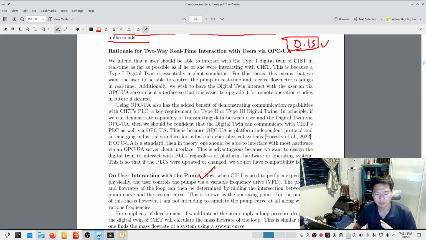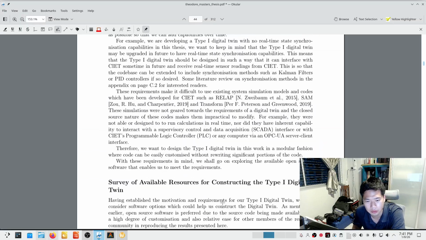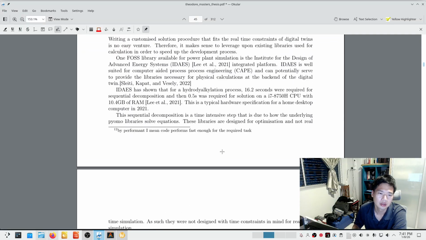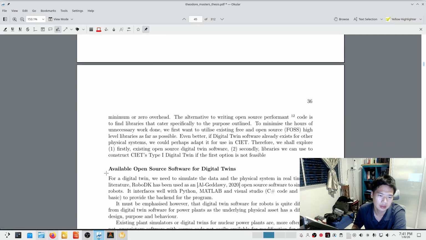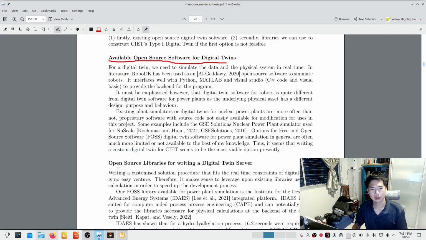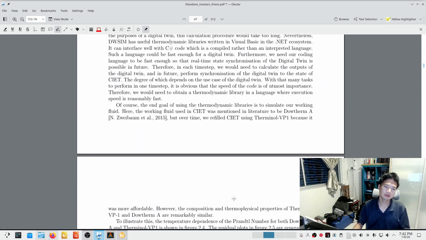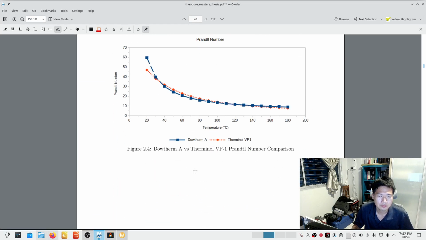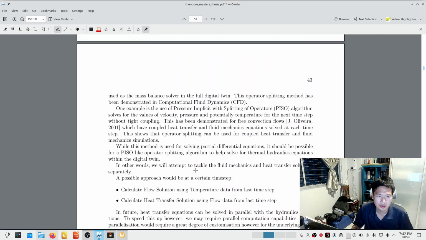For this master's thesis, I only dealt with isothermal flow, which means flow at a constant temperature. Then over here, maybe I'll come back when I look at open source libraries for writing a digital twin server. Before I do that, let me come back to here. This one I'll skip.